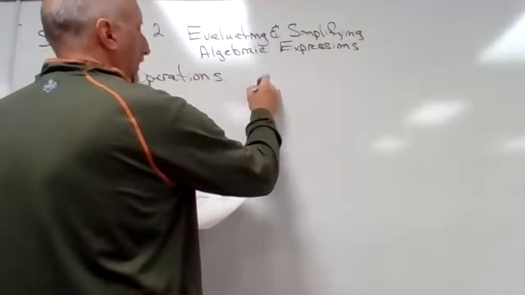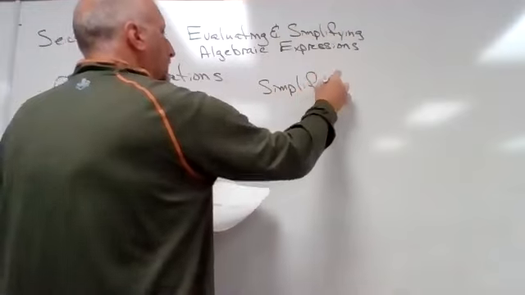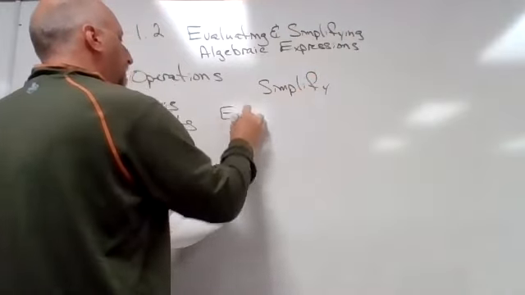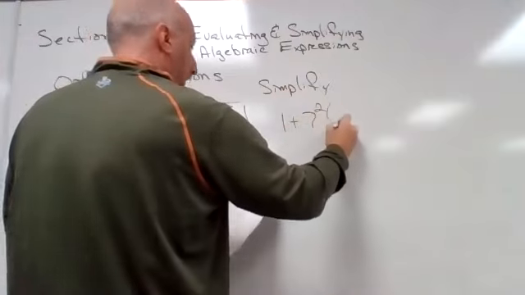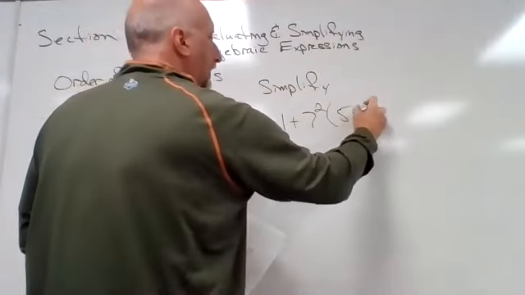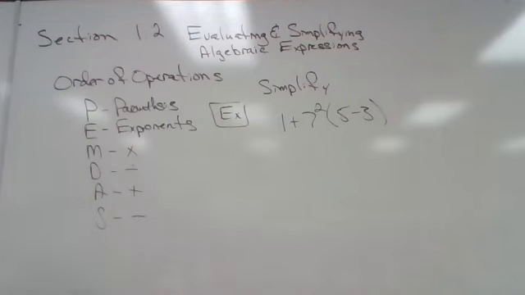So we would maybe call this a simplifying problem. Here's an example. 1 plus 7 squared times the parentheses 5 minus 3. If we didn't have any order of operations to follow, we'd probably all come up with a whole bunch of different answers and we'd fight over which one's correct, right?